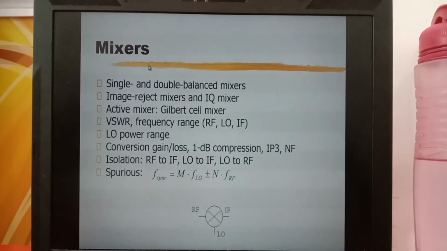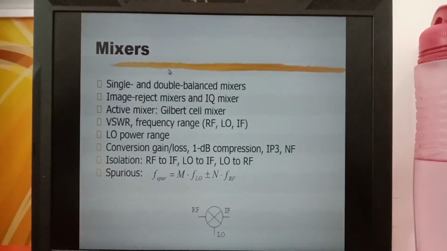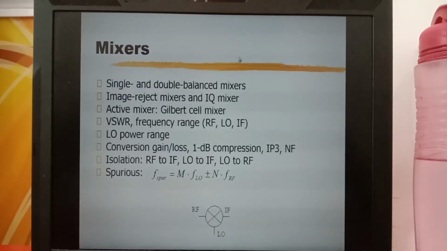Another device that is commonly used in microwave communication system is the mixer. When we select a mixer to be used in our design of microwave transmitter or receiver, some of the important parameters that we need to consider include whether we should select a single balanced mixer or double balanced mixer, depending on the performance requirement.